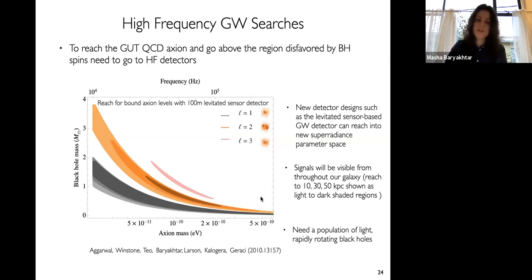Here I'm showing the reach for these axions as a function of axion mass and black hole mass, where the shading of the region corresponds to how far away you could see the signals. The lighter shading is about the galactic center, and the darker shading is even further away, potentially covering the whole way to the other edge of the galaxy. So if you have these light black holes and you have these new detectors which are being developed, then you could hope to reach these very exciting heavier axions with the same mechanism.